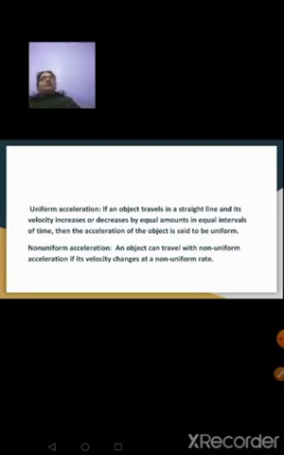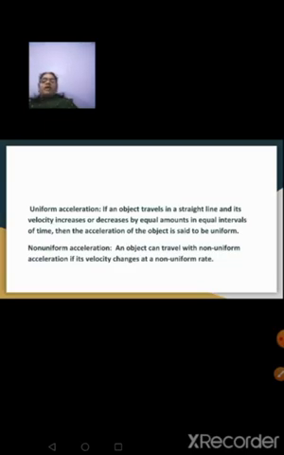Whether the velocity is increasing or decreasing, it is like uniform motion and non-uniform motion we saw earlier: if distance increases with corresponding increase in time with proper difference, it is uniform motion. In the same way, if velocity increases or decreases in equal amounts in equal intervals of time, you call it uniform acceleration.